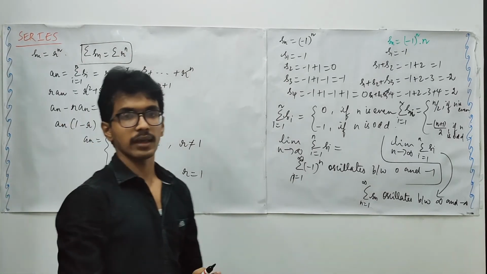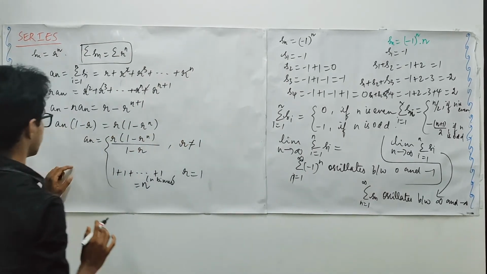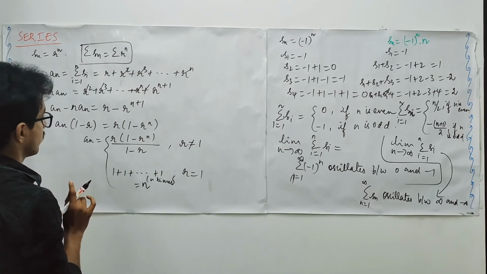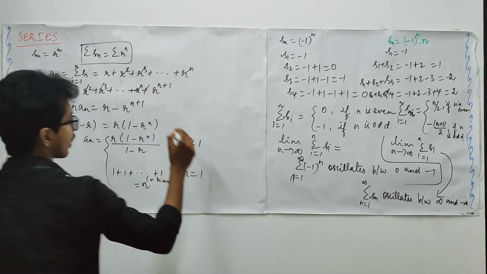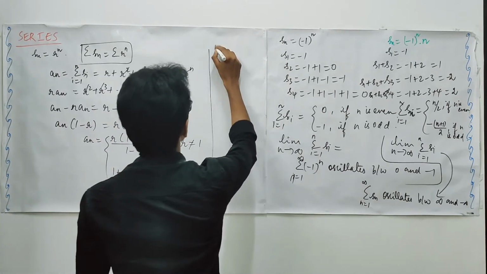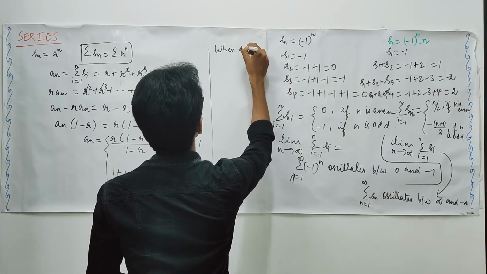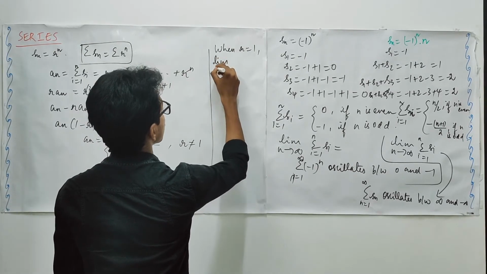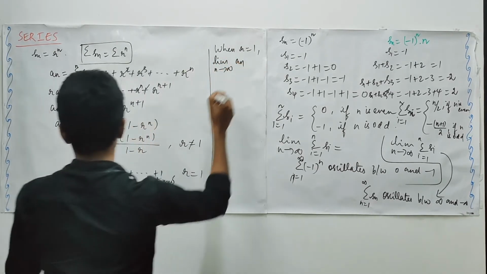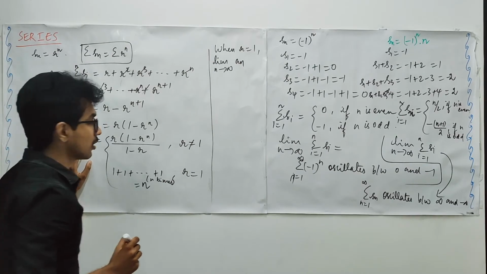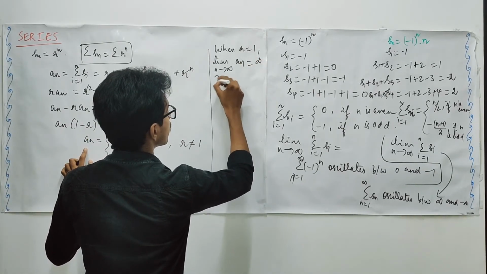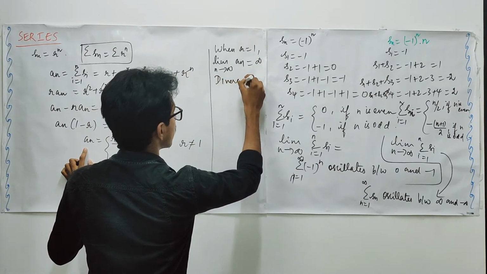Now we are going to examine the convergence of this, and we are going to do this in several cases. When r is 1, what is going to happen? The limit as n approaches infinity of an, the sum of n terms in the series, is going to be infinity, which means it diverges in this case.